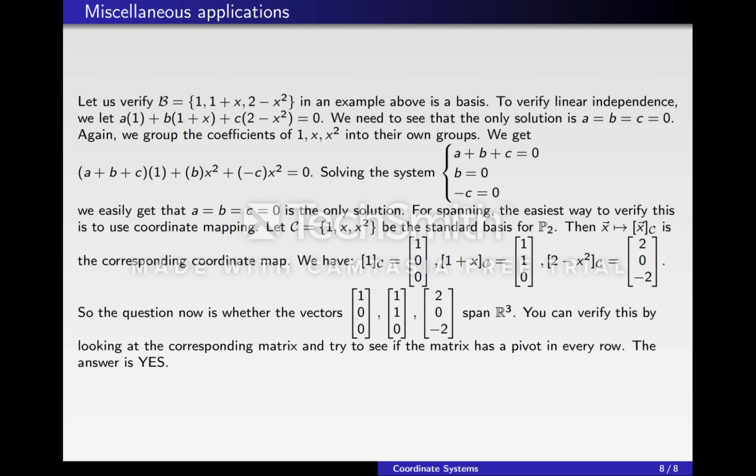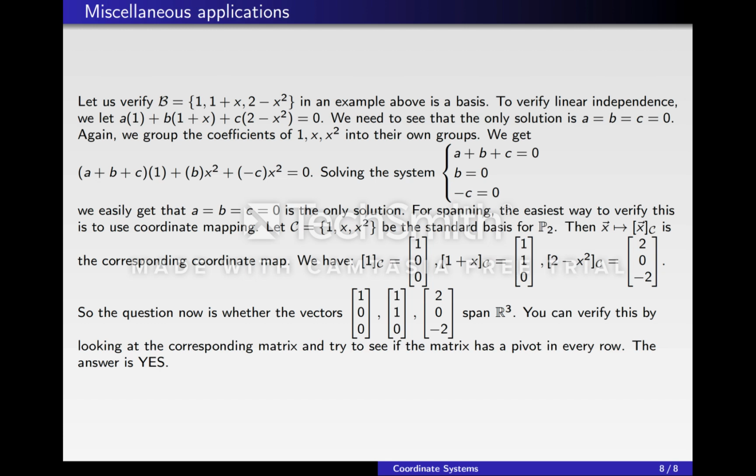The standard basis C for P2 has 3 vectors: 1, x, and x squared. It's clear that this is a linearly independent set, and any polynomial in P2, any polynomial of degree at most 2, is a linear combination of these 3 vectors.